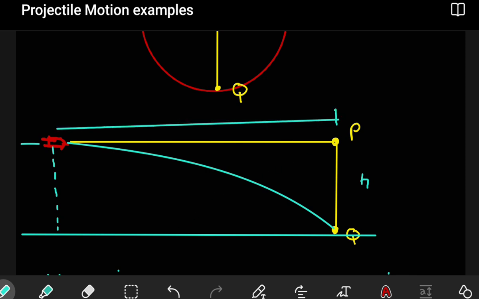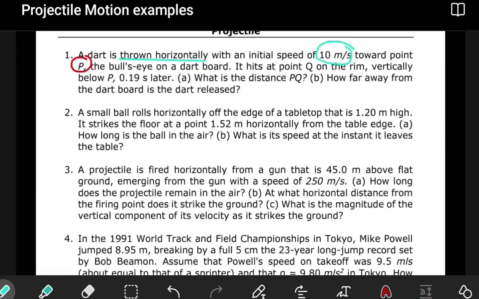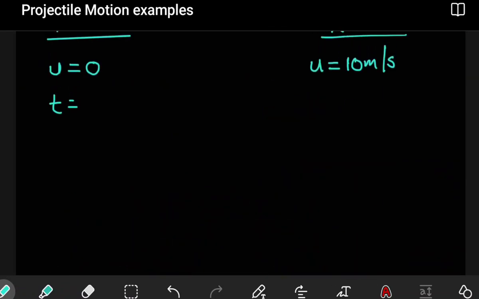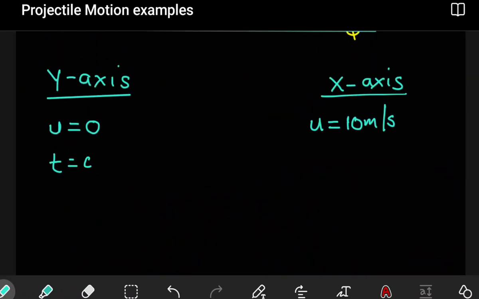So those two times will be the same, and they will be the same as the total time it took to hit point Q. And the question is telling us it took 0.19 seconds to hit point Q. So 0.19 seconds, that's the same time it will take in the horizontal axis.